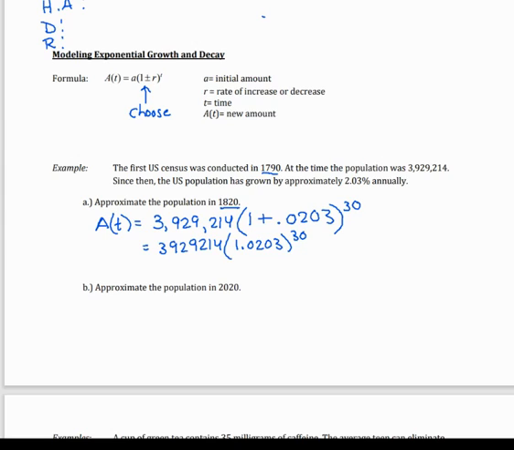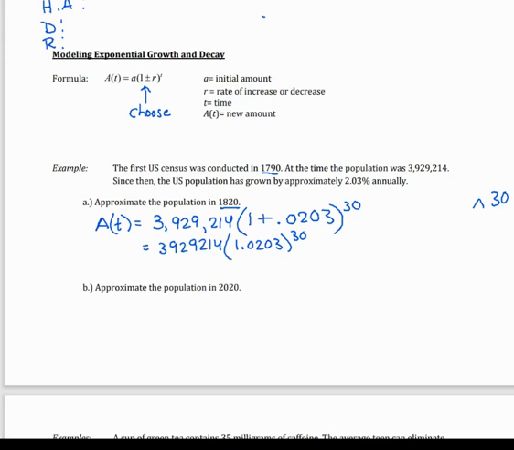So hopefully you have a calculator for this. I'm not sure if your phone allows you to raise it to the 30th power, but if you have a calculator, the little caret symbol, if you use that, you can write to the 30th. So I would type in 1.0203 to the 30th power.